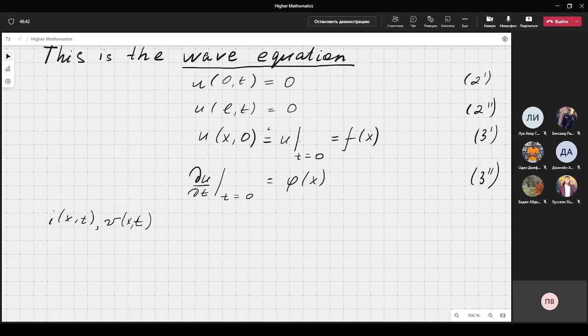Regarding an element of wire delta x, we can write that the voltage drop on the element delta x is equal to V of x,t minus V of x plus delta x,t, approximately equal to minus dV over dx times delta x.